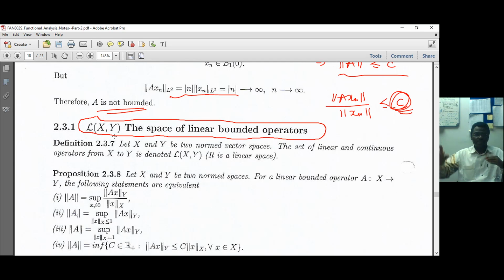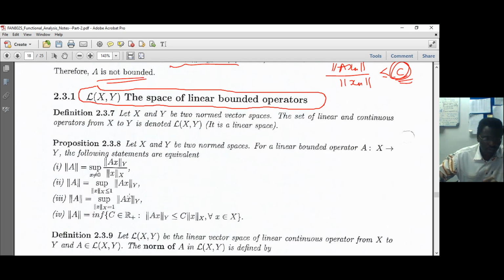And besides, it's a normed vector space, because each bounded linear operator has a finite norm. So you can define its norm as we saw in the previous slide. This is how you can define the norm in this space.